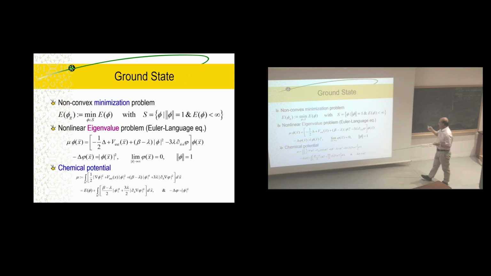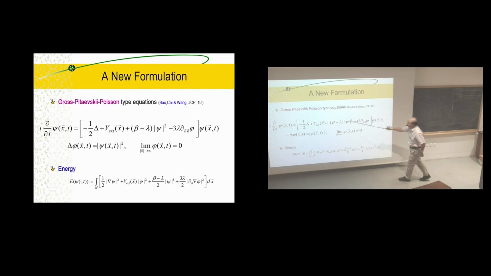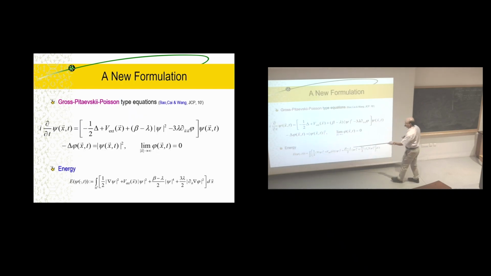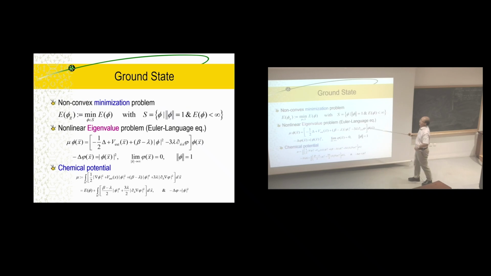Okay. So now the ground state. What you need to do, from this model here, is take psi equal exponential of minus i mu t times phi of x, a stationary state. Then you plug in, and you end up with the following so-called eigenvalue problem. The ground state is the minimizer of the energy functional, which is given here, with the constraint.